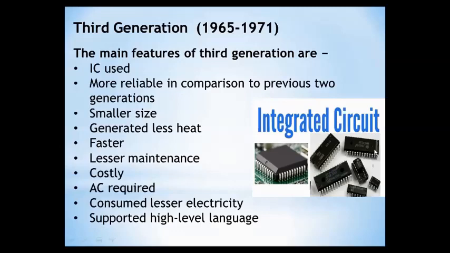They used to generate less amount of heat and they were very much reliable in comparison to the previous two generations. The maintenance cost was very less, but still the computers were costly. And the third generation computer also started supporting the high level languages like C, COBOL, Fortran for doing the programming and for the development of different softwares.